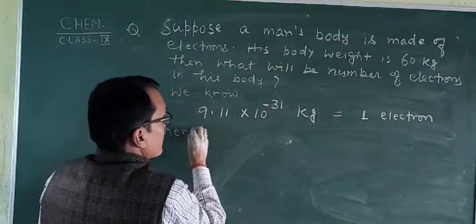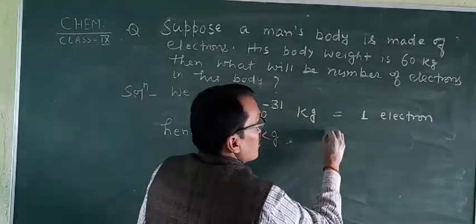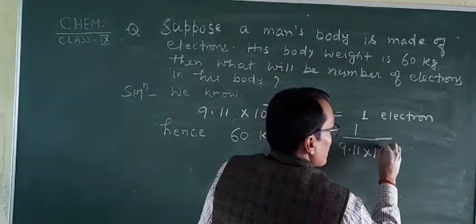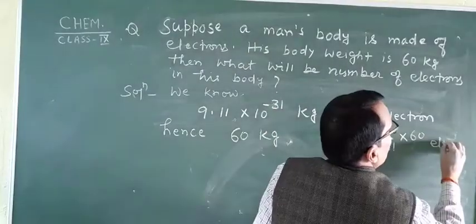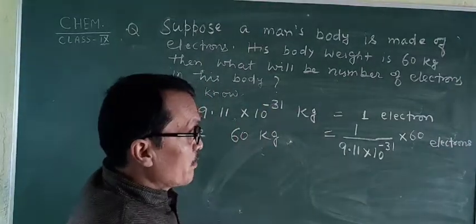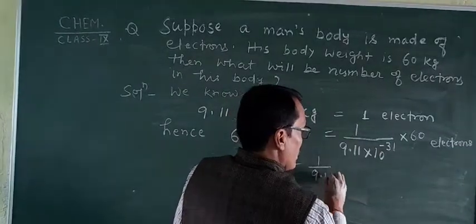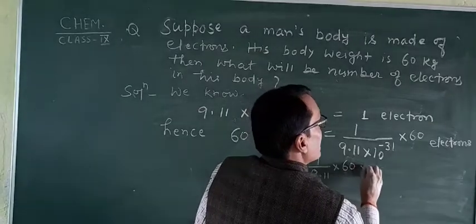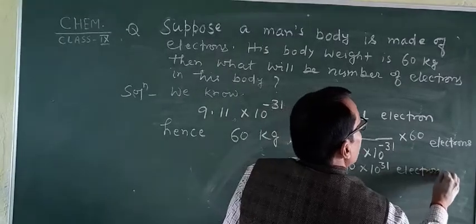Hence 60 kg will be equal to 1 by 9.11 multiplied 10 to the power minus 31 multiplied 60 electrons. This many electrons will be in his body. Now on solving, 1 by 9.11 multiplied 60 multiplied 10 to the power 31 we can write.